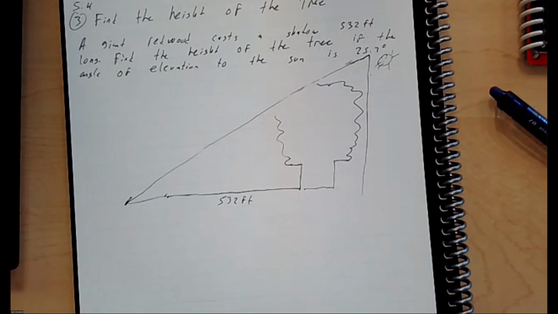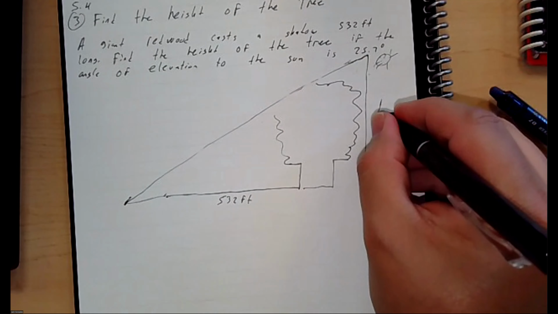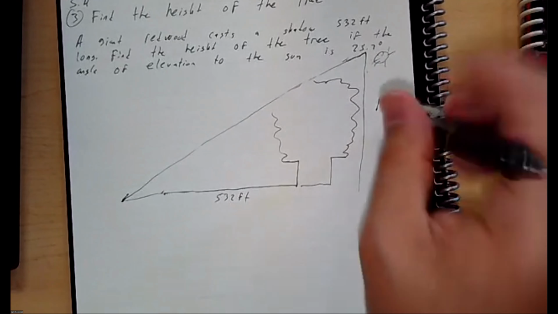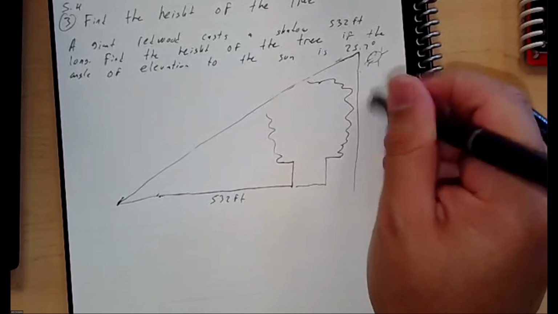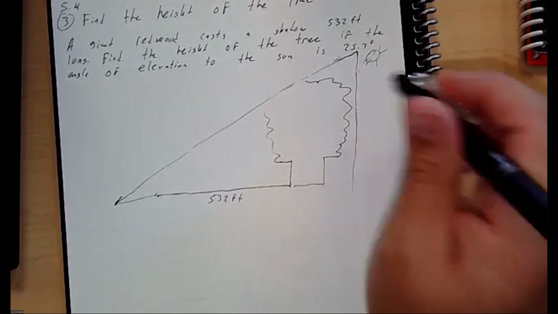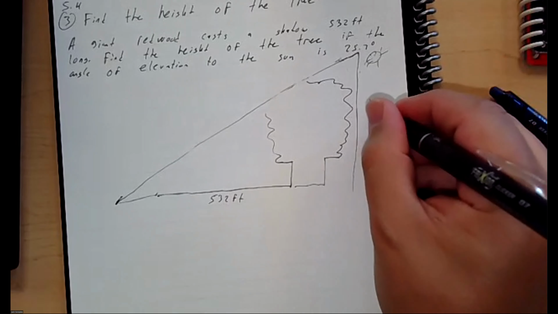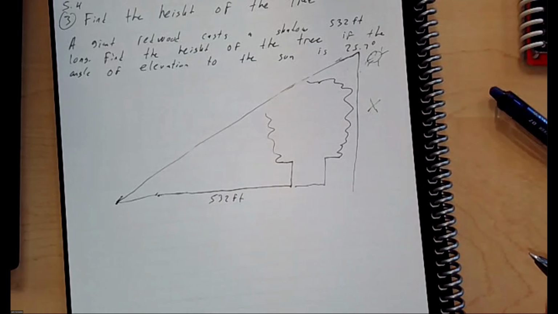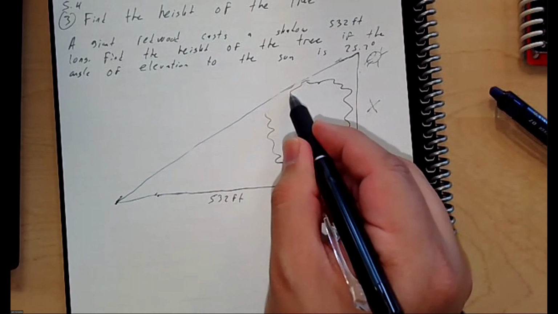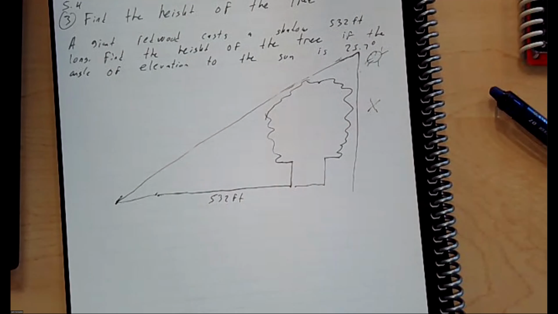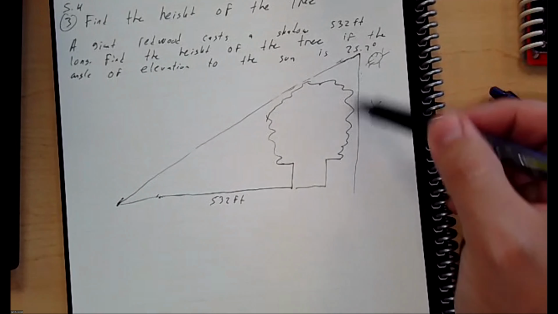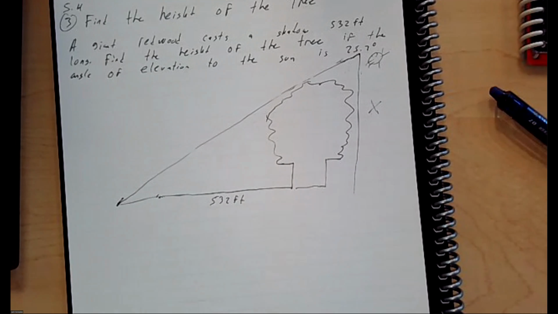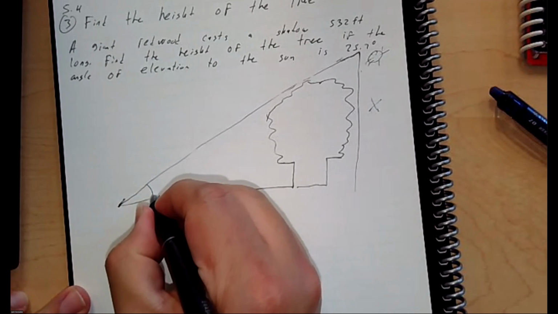Okay. We want to know this height. Call it X, I guess. I'm sure your tree looks better than mine, so it's all good. So technically, it should be coming down here, but who cares? You follow me, right? All right, so angle of elevation is right here.